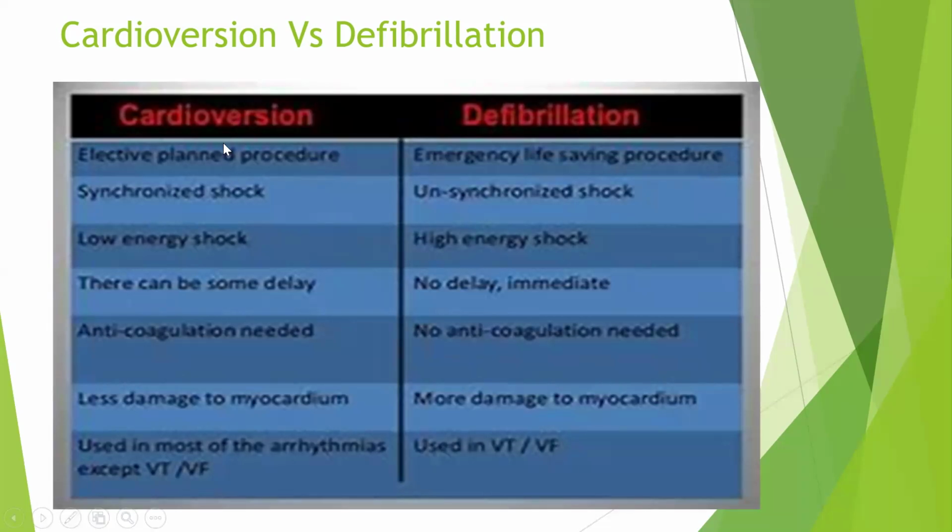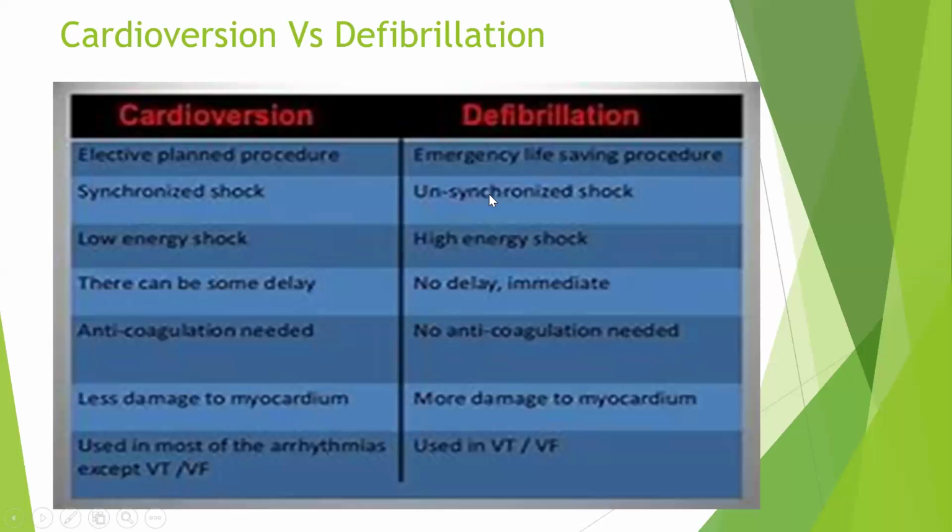Okay, so cardioversion is a planned elective procedure, while defibrillation is an emergency life-saving procedure. Like Dr. Ali mentioned, in cardioversion, you synchronize your shock to the R waves, or you synchronize it with the QRS complex. The reason why you need to synchronize is so that you don't stimulate the heart in the refractory phase. You're causing more damage to the myocardium.